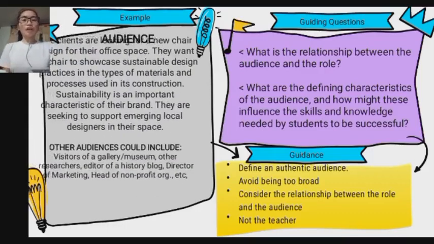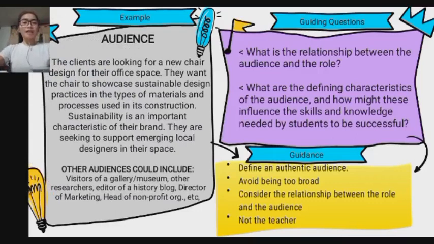So for example, the clients are looking for a new chair designed for their office space. They want the chair to showcase sustainable design practices in the types of materials and processes used in its construction. Sustainability is an important characteristic of their brand. They are seeking to support emerging local designers in their space.